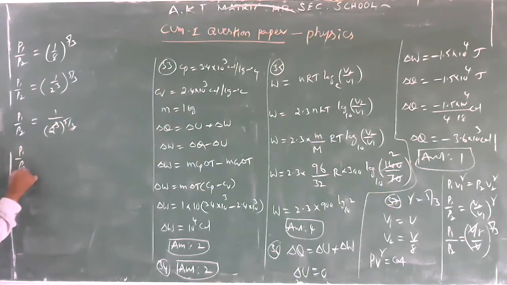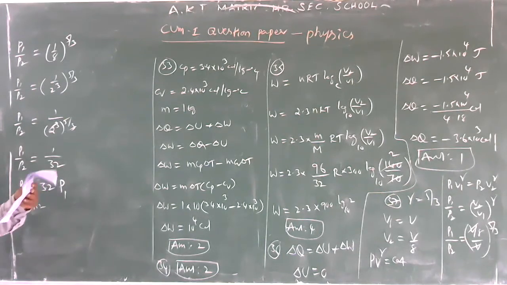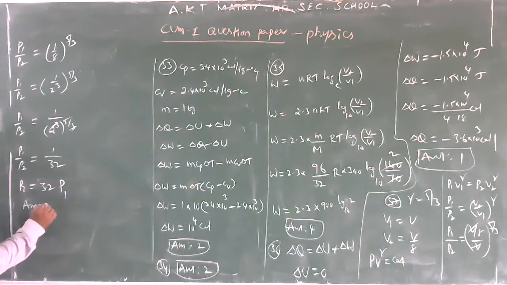Then P1 by P2 is equal to 1 by 2 to the power of 5. 2 to the power of 5 means 32. P2 is equal to 32 P1. So the final pressure becomes 32 times its initial pressure. Therefore, which option is correct for question number 37? The last option, the fourth option, is correct.